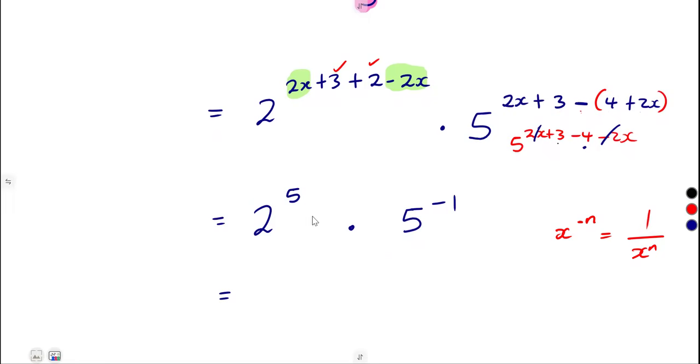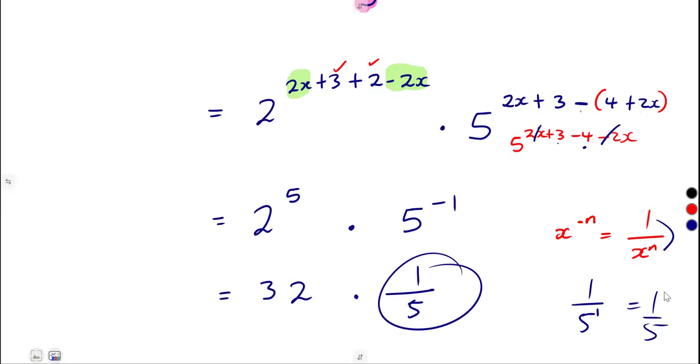We do not have any other 2 there. So just simplify. What is 2 to the exponent of 5? You can multiply 2 times 2 five times. That is going to give us 32 times 5 to the exponent of negative 1. Using this law, it is going to be 1 over 5 to the exponent of 1, which is the same as 1 over 5.